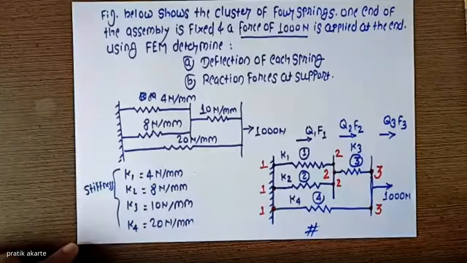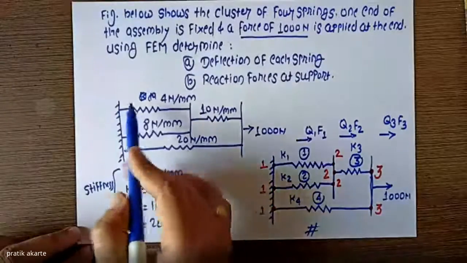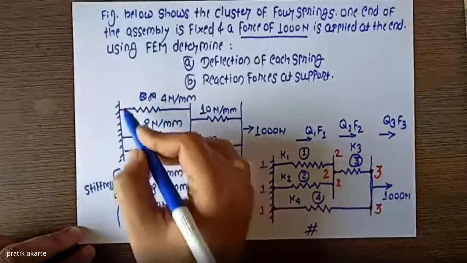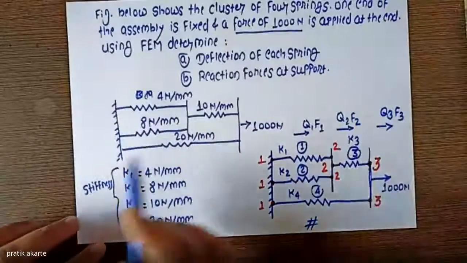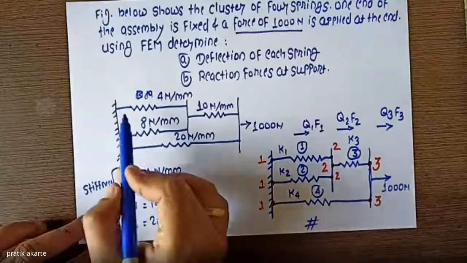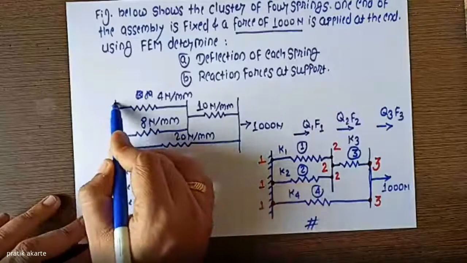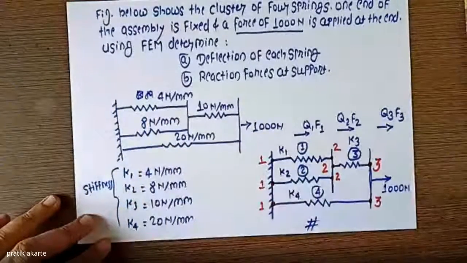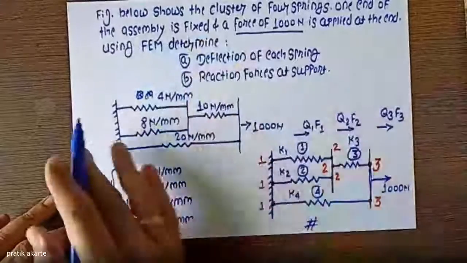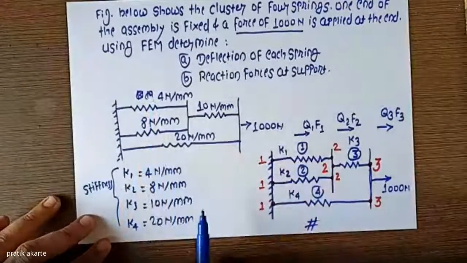There is no straightforward procedure or thumb rule, but the logical answer is to start numbering from the left side to the right side. Since these two elements are connected in parallel to this plate and this plate, we can number them 1 and 2, from top to bottom. So this is number 1 and this is number 2.